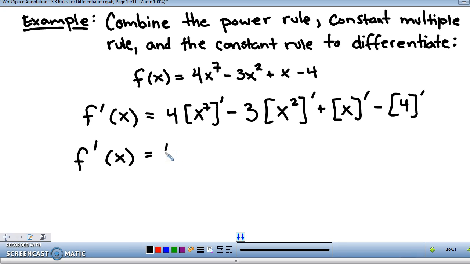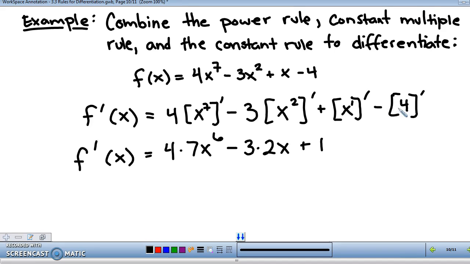So this is just 4 times 7x to the 6 minus 3 times 2x plus the derivative of x. Think about that. What's the derivative of x? That's x to the 1. That's going to be 1.